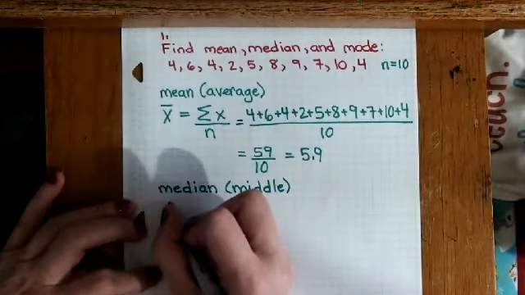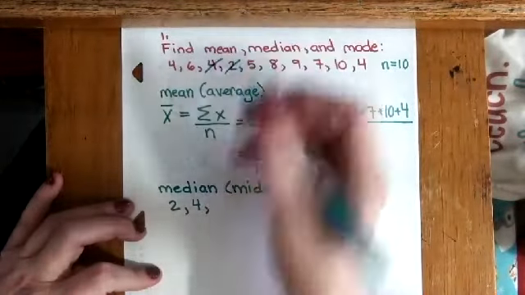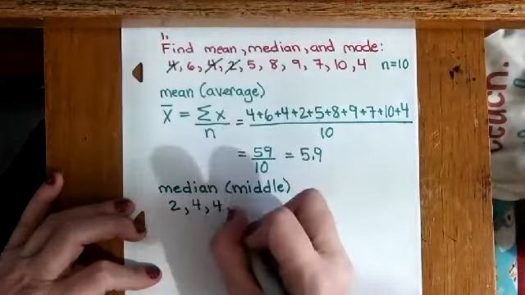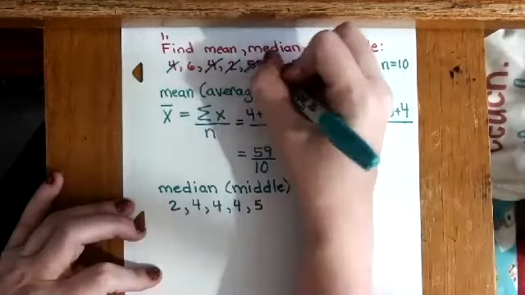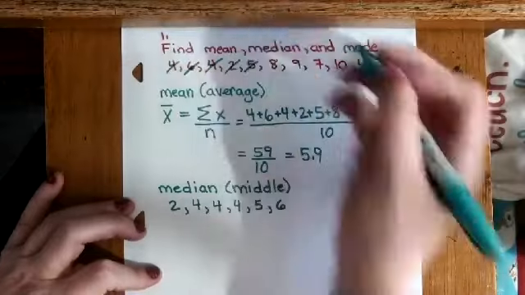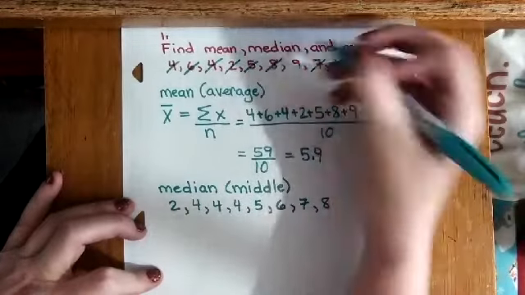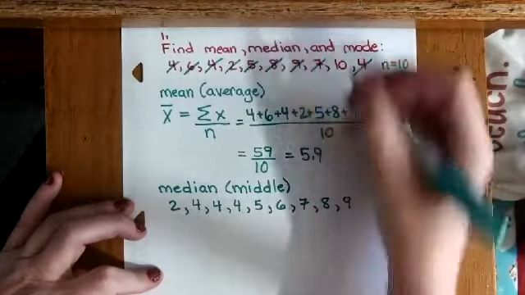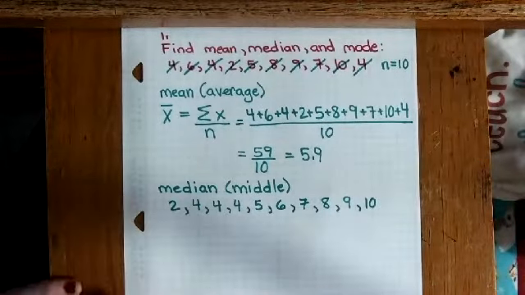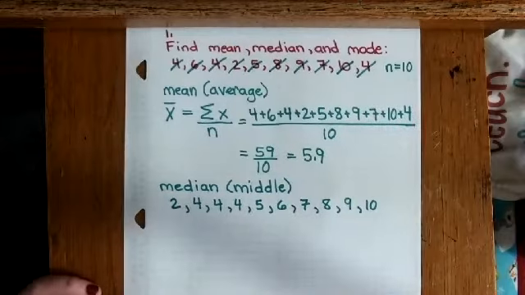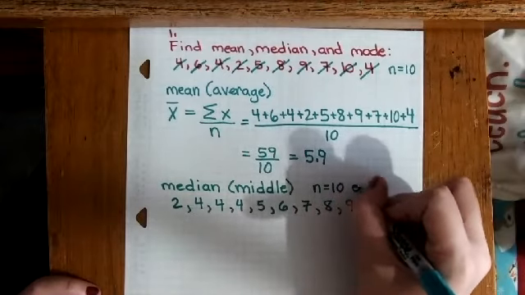If we put our list in order, we have 2, 4, 4, 4, 5, 6, 7, 8, 9, and 10.